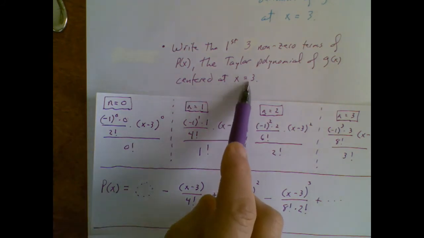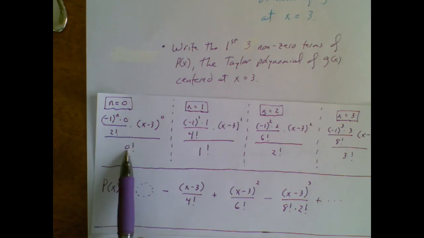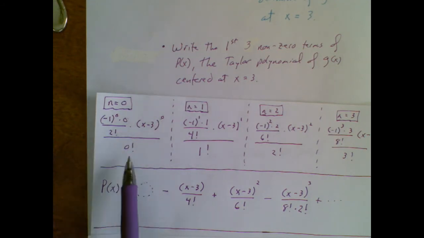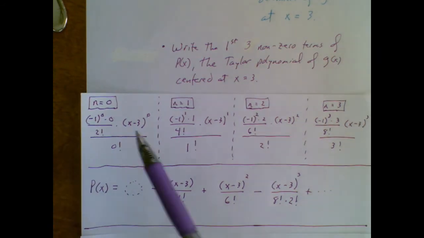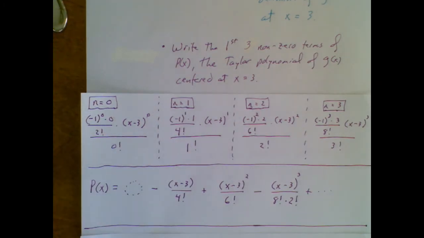And in this case, the value in question is x equals 3. But then this is the n factorial. This is the x minus center, or 3, raised to the n power. So everything you see here is the magic formula. The only thing related to this problem that is new is this derivative value comes from that derivative formula generator.